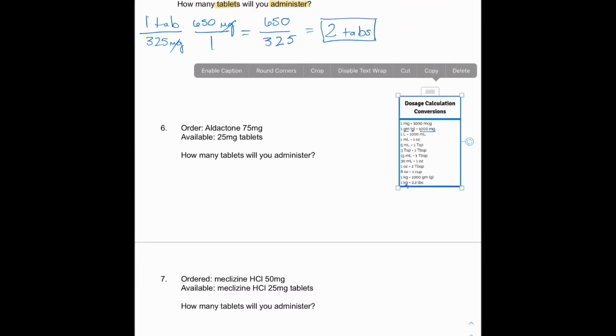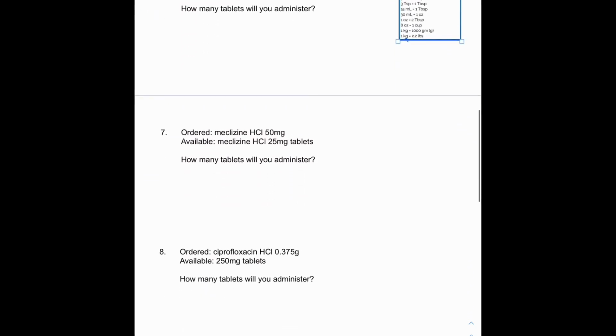Number 6, we've got Aldactone 75 milligrams. What we have available is 25 milligram tablets. How many tablets are we going to administer? So we'll start with tablets on top. In our problem, we see that one tablet is 25 milligrams, so one tablet, 25 milligrams.